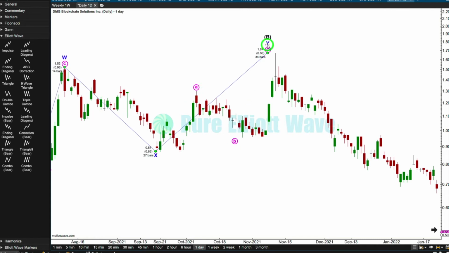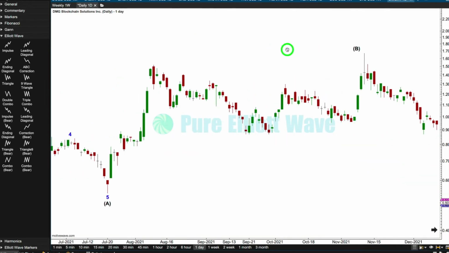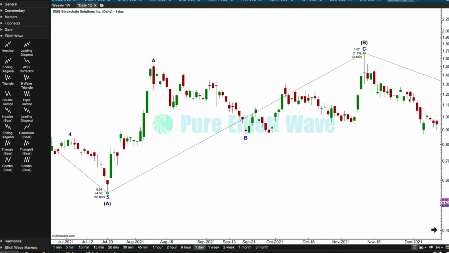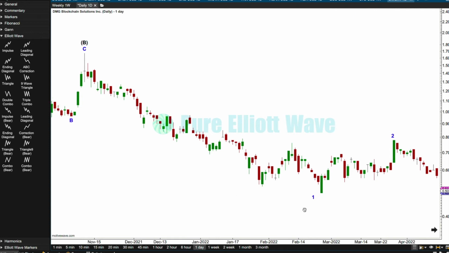Okay, so I don't think that is a double zigzag actually when we get down to the daily chart level. Well, what else is it going to be? That doesn't work either. It's so thin and gappy. I think this is an exercise in futility actually.